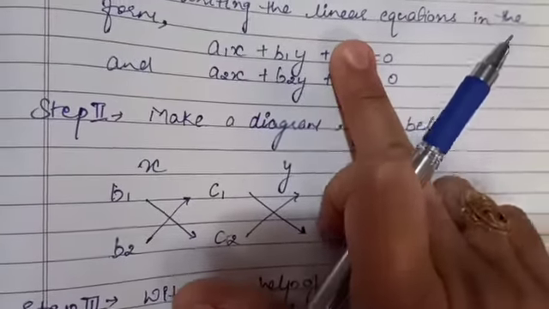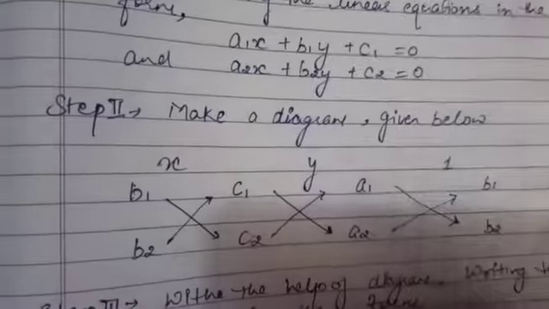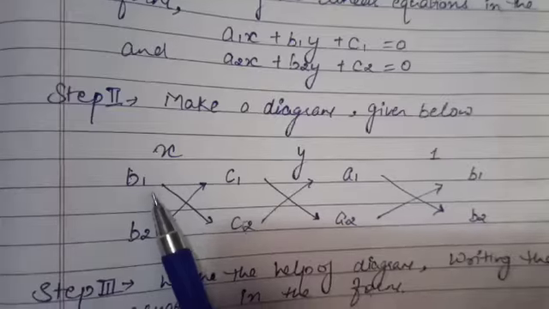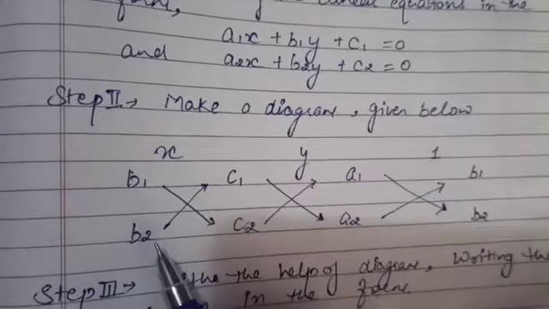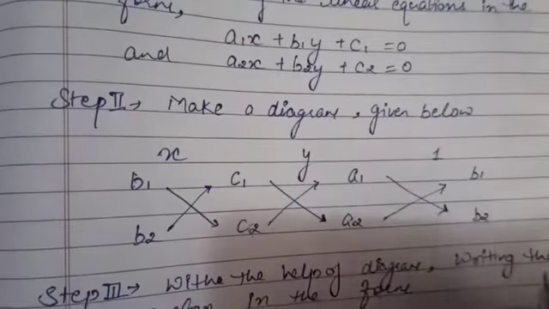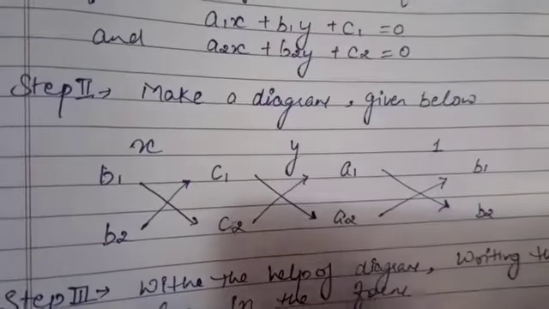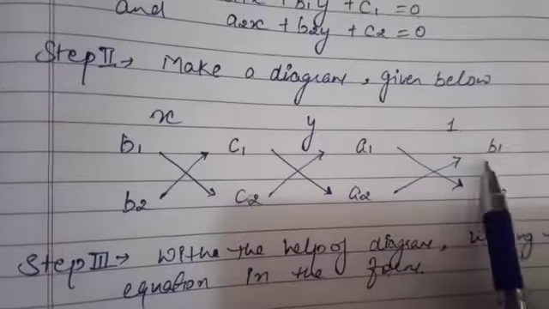That is, if you hide it, you are left with terms a1, a2 and b1, b2. So in this way you will make a diagram, or you can simply remember it like this: b1 b2 c1 c2 a1 a2, and then again b1 b2. In this format you will write the coefficients of x and y and the constant.